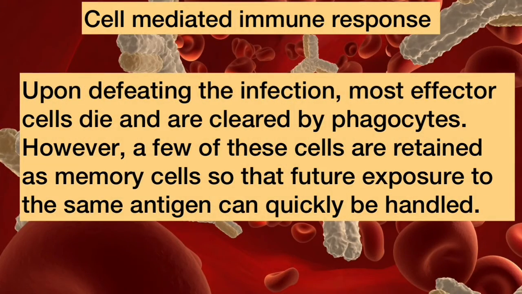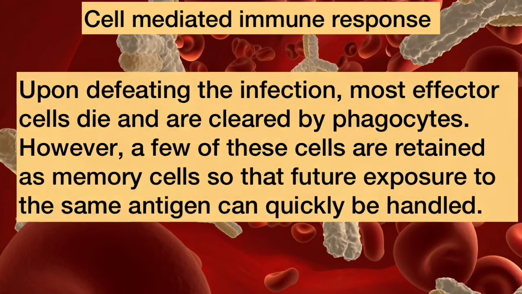Upon defeating the infection, most effector cells die and are cleared by phagocytes. However, a few of these cells are retained as memory cells so that future exposure to the same antigen can quickly be handled.